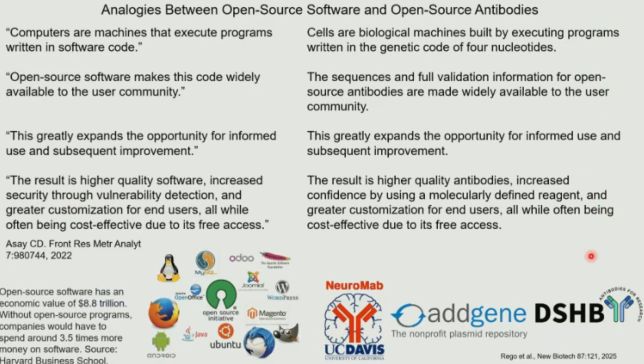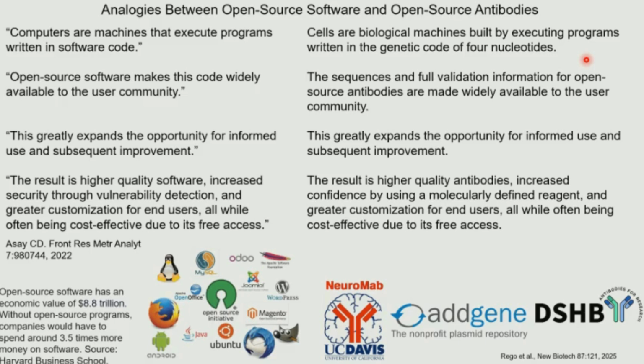And I came about thinking about this in terms of analogies with open source software. This came from an article that was published a few years ago on the tenets of open source software and the advantages that arise from the fact that computers execute programs written in code, and cells are really biological machines that execute programs written in the sequences of the proteins that are encoded in the proteome.